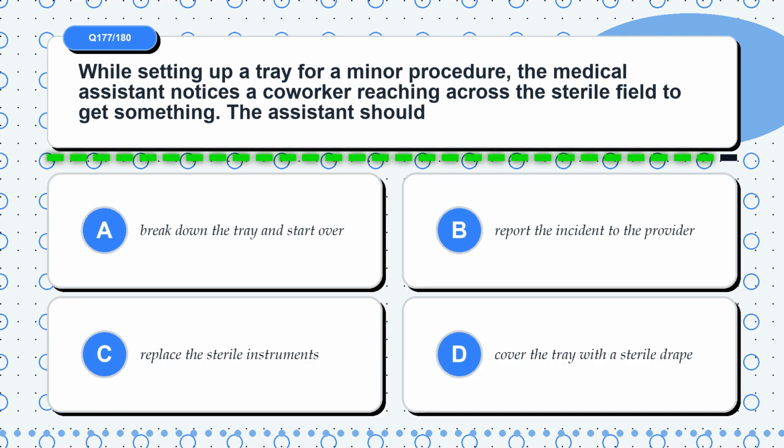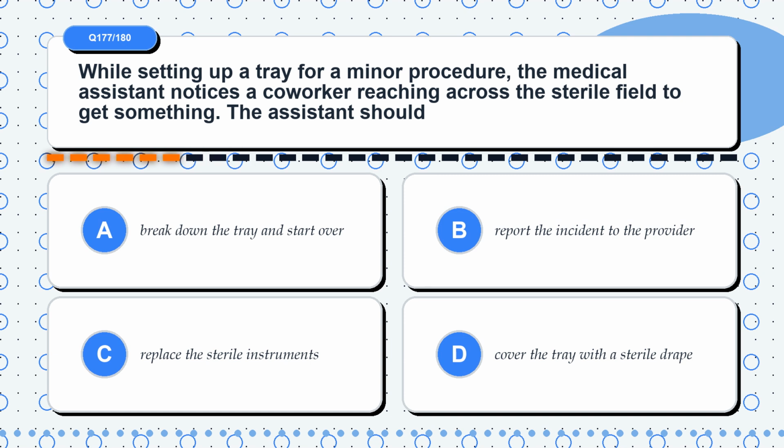Question 177. While setting up a tray for a minor procedure, the medical assistant notices a coworker reaching across the sterile field to get something. The assistant should. Here are the options. Option A, break down the tray and start over. Option B, report the incident to the provider.